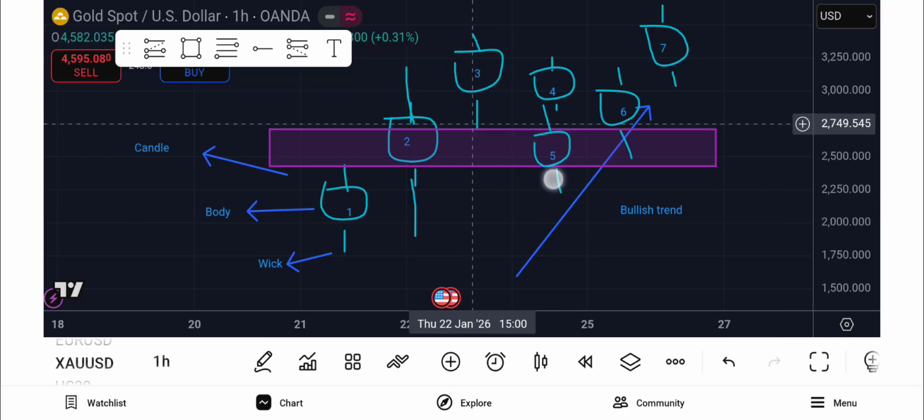So notice how I drew a fair value gap from the third wick.